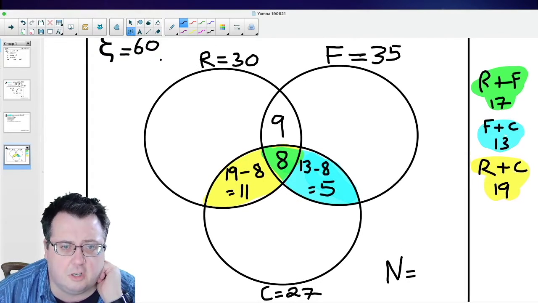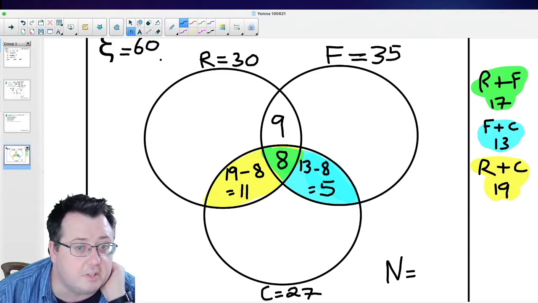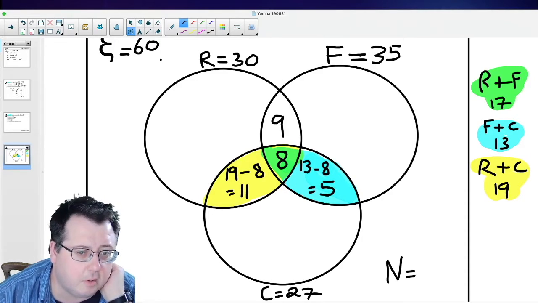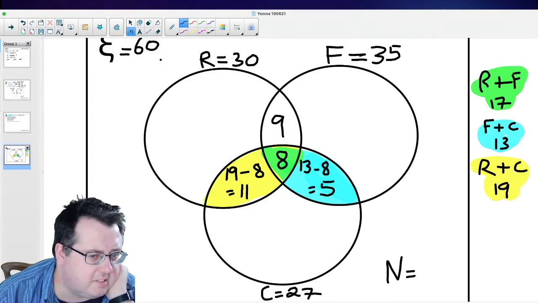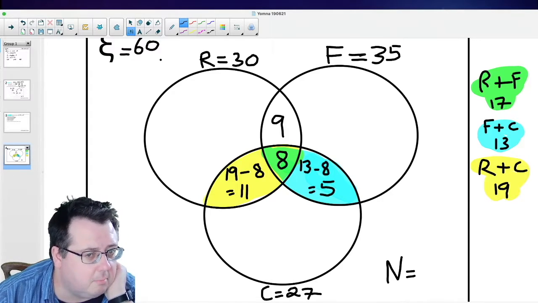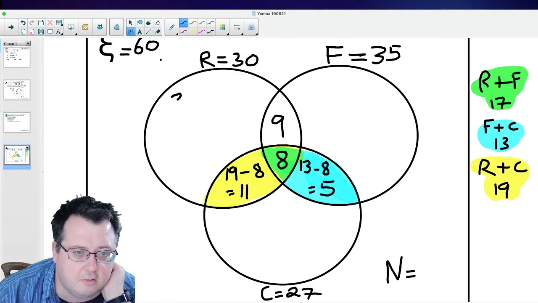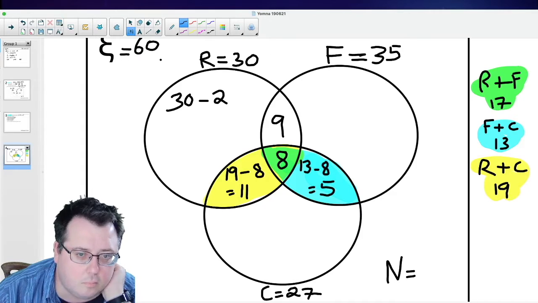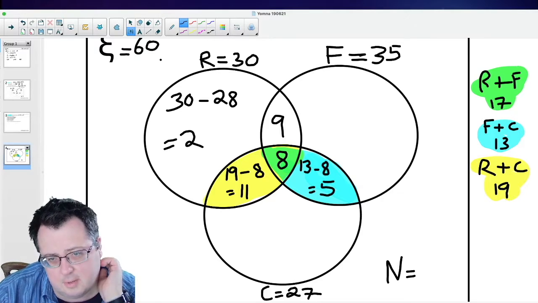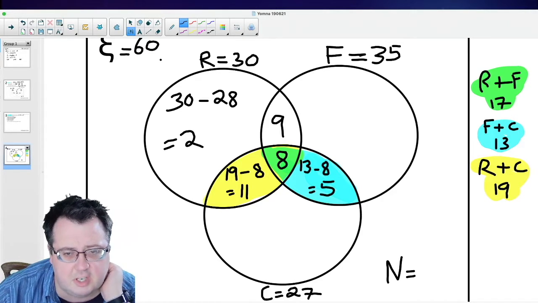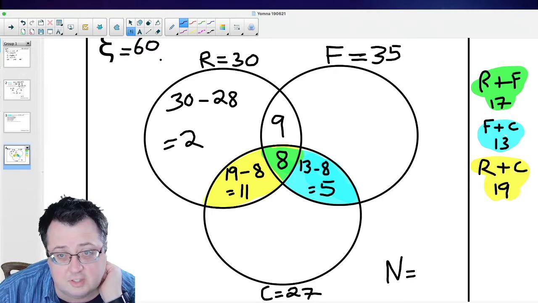So we know that rugby has to add up to 30. If I add what I've got here together, 9 plus 11 will make 20, plus 8 will make 28. So 30 subtract 28 equals 2. And then what about these three bits? 9 plus 8 is 17, plus 5 is 22.